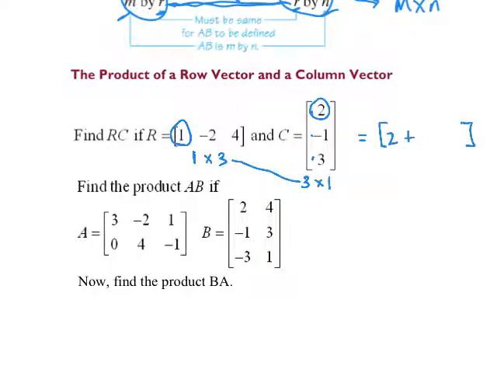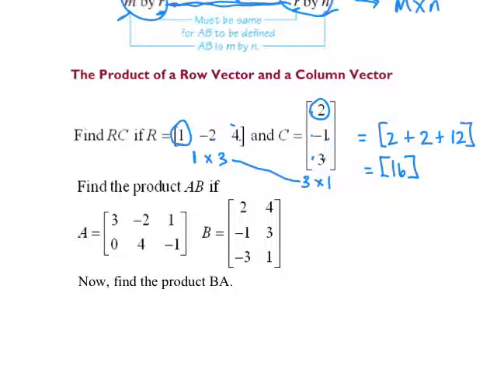And I'm going to add that to the next value in row 1, which is negative 2, times the next value in column 1, which is negative 1. Negative 2 times negative 1 is 2. And then the next value in row 1 is 4 times the last value in column 1, which is 3. So you have plus 12. Add those values together and you end up with 16. And that is your result of the matrix multiplication.